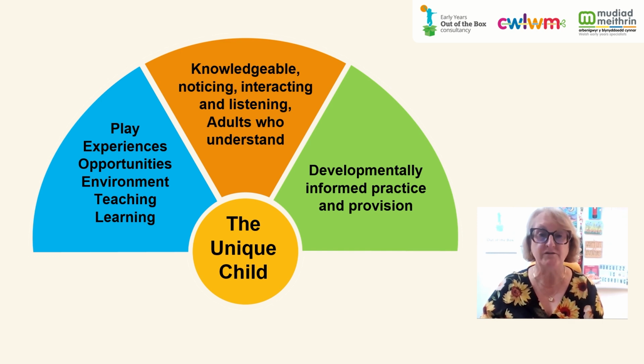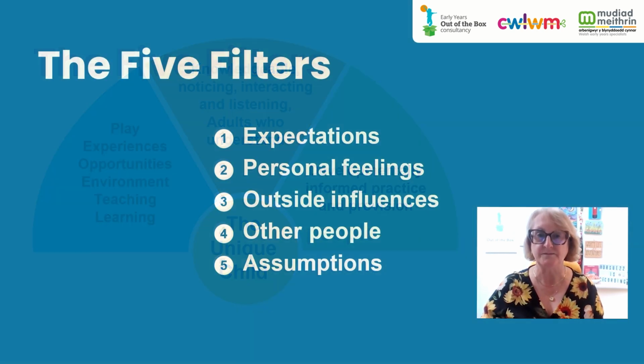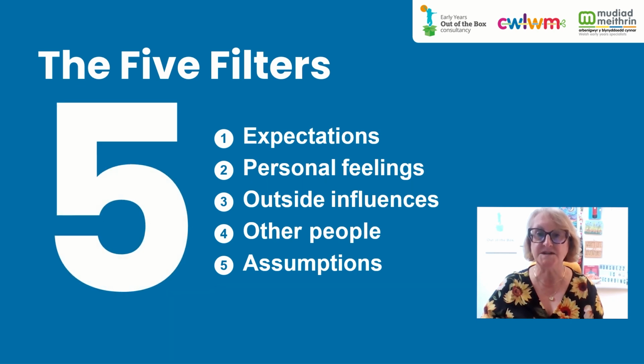Now it's time to review and do. Remember the 5 filters. Expectations, personal feelings, outside influences, other people, assumptions. This is what is the biggest challenge. What have we really seen? Are we being objective? And actually it's worth reflecting on case study 2 while you're looking at this one.